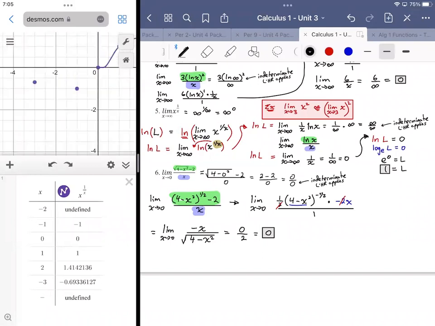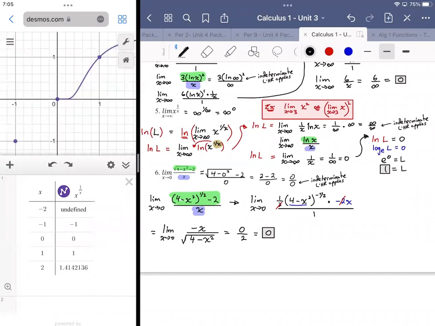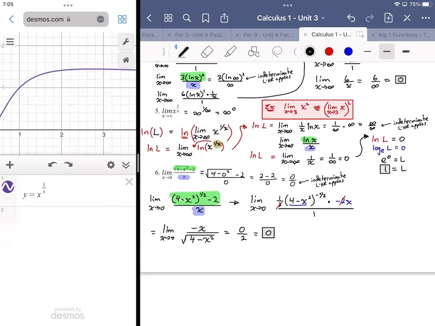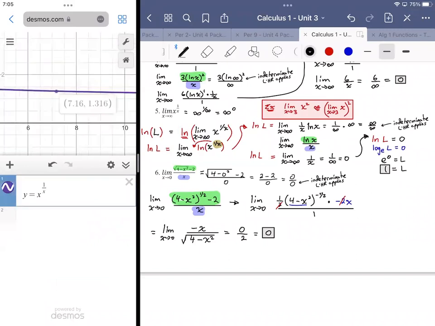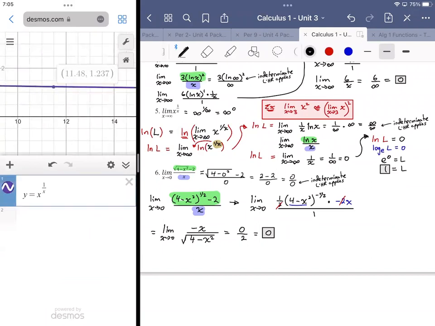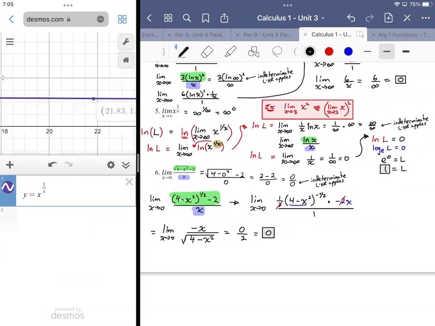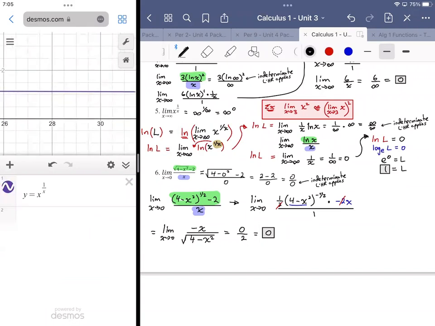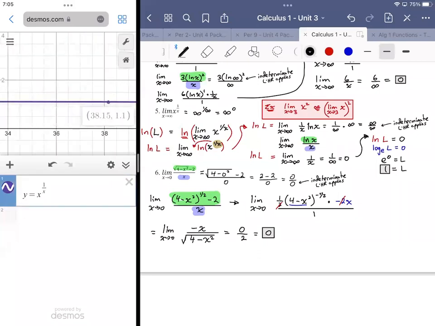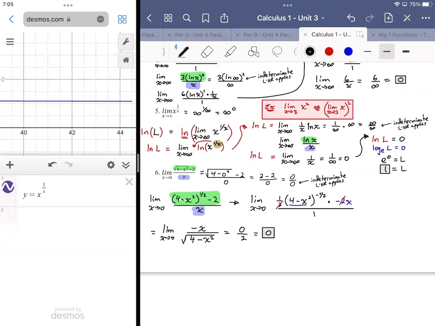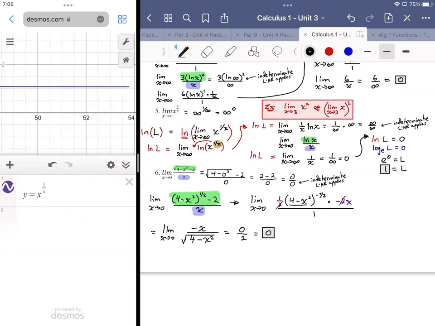Let me just bring it back a little bit. But if you follow that graph, it does appear to be decreasing towards something. That something being a 1. All right, so that's probably the juiciest problem related to L'Hopital's rule that you'll ever see, at least in two-dimensional calculus.